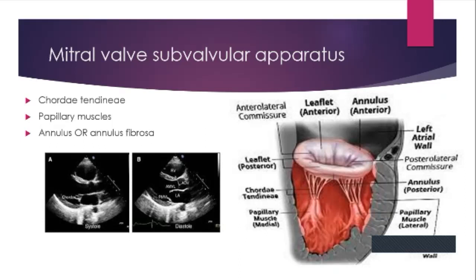You can see how it looks in an echo. The anterior mitral valve is longer than the posterior mitral valve, so it flaps on it. And sometimes, pathologically, it bends like a hockey stick.